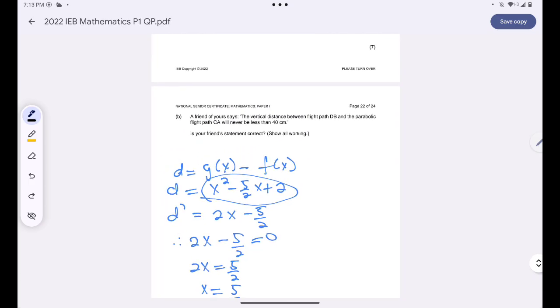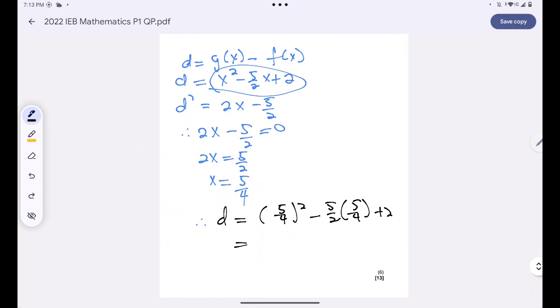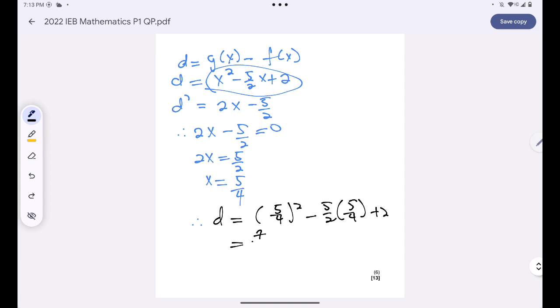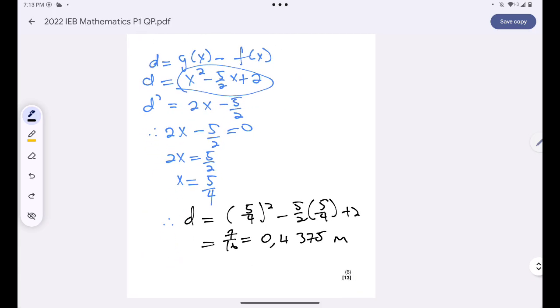The minimum distance that I get is 7 over 16, which is 0.4375 meters.